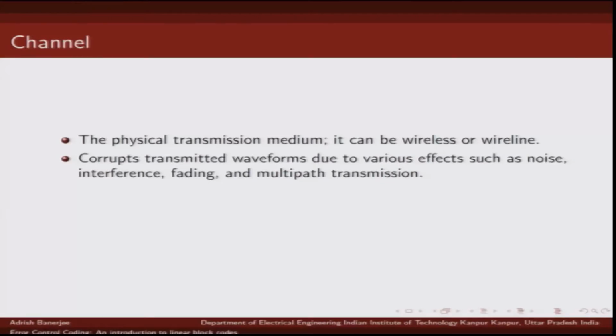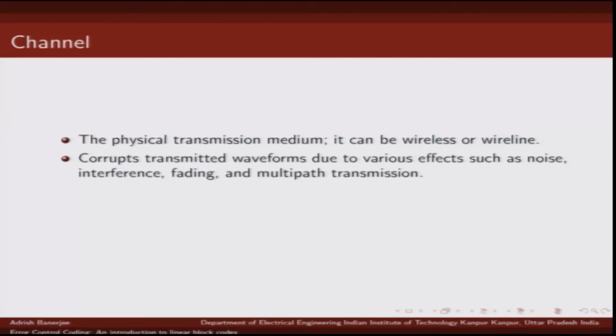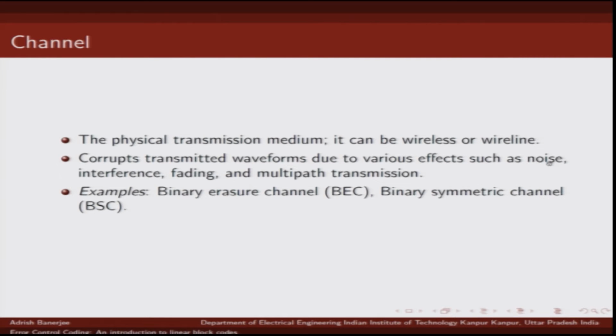The physical transmission medium is known as the channel, and this could be a wired medium, for example, our old fashioned phones, or it could be a wireless medium. Now, what effect does the channel have on the transmitted sequence? As we know, the channel corrupts the signal in multiple ways. For example, noise deteriorates the signal.